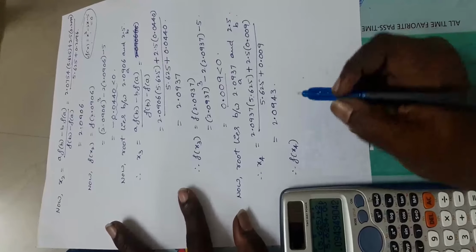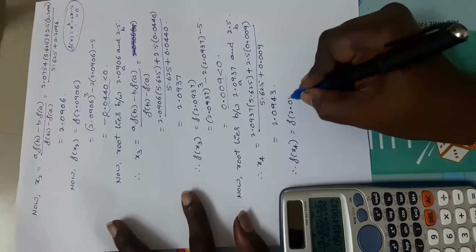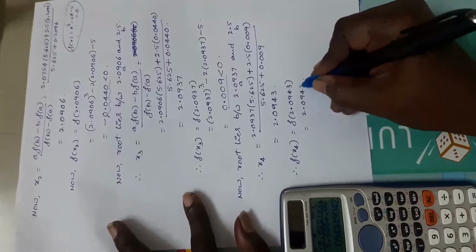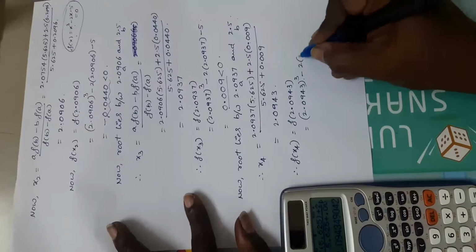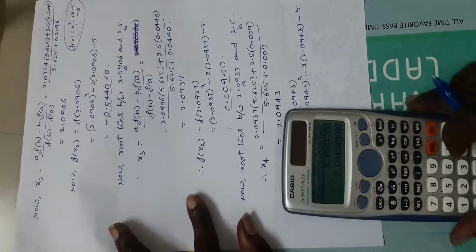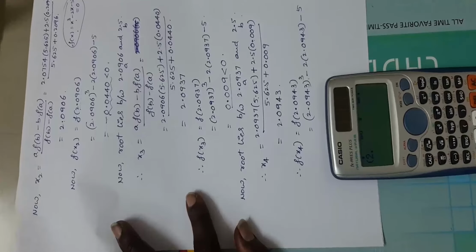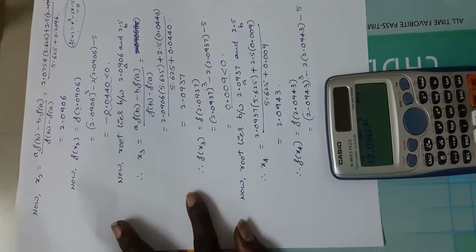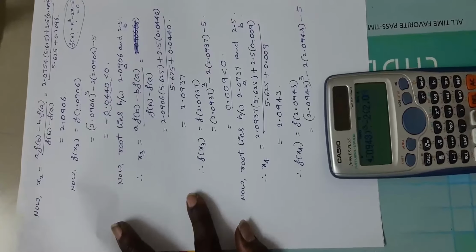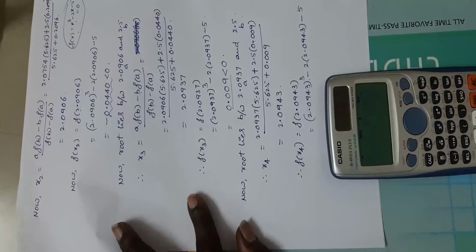After getting every approximation, you can substitute that value in the given equation. So you will get f of 2.0943, which is 2.0943 whole cube minus 2 times 2.0943 minus 5. See the problem: bracket open, 2.0943 cube minus 2 times 2.0943, close the bracket, minus 5 is equal to.